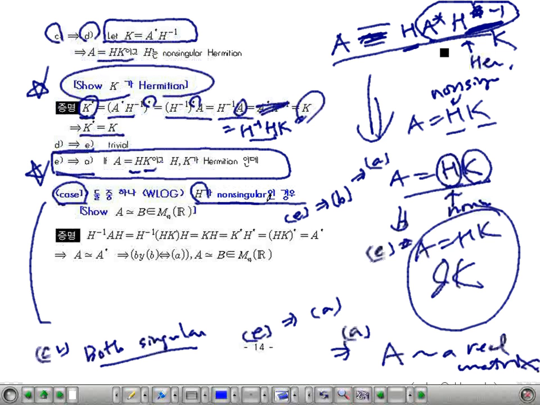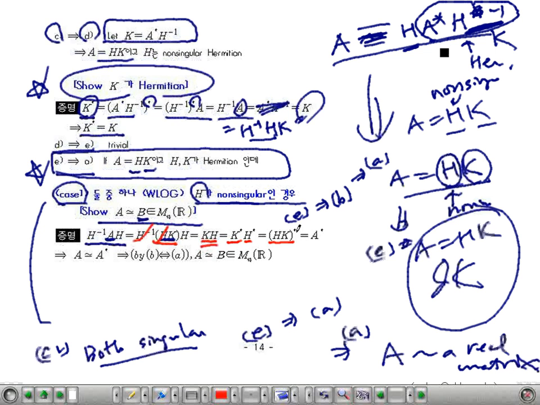If H is non-singular, then we show A is similar to a real matrix B. So H inverse AH, since A is HK, we can just replace A with HK. Then H and H inverse are gone, so we have KH. But K and H are both Hermitian, so it's the same as K star and H star.